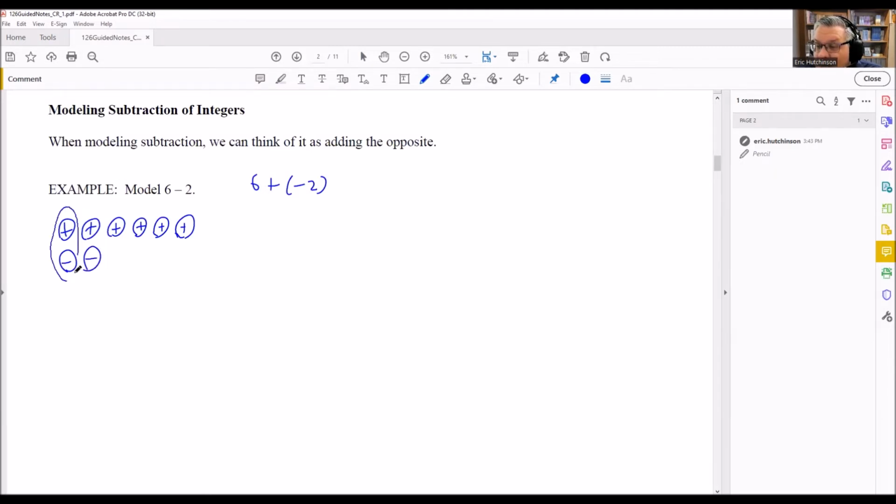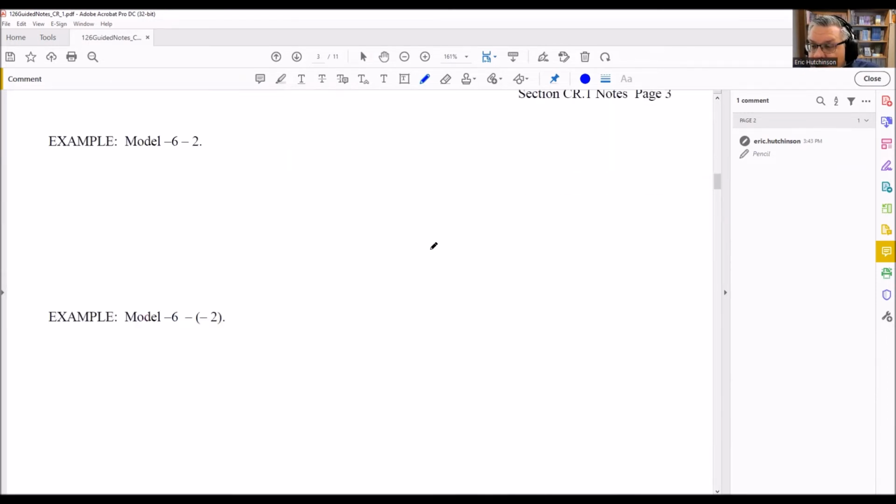Every time you see a plus and a minus together, remember that adds up to a 0. So that goes to a 0. What you have left is 4 positives. So therefore, we can say that 6 minus 2 is equal to +4 because we have 4 positives left over. So that's how you would do that one.